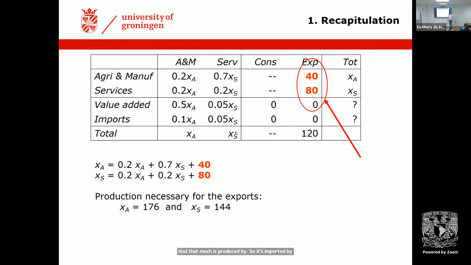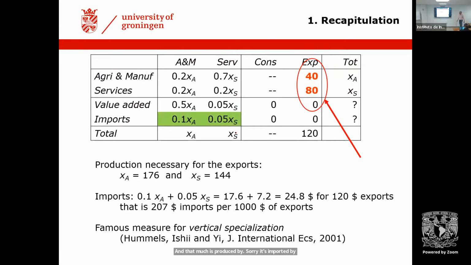That is 7.2. So the imports are $24.8 if this table is in dollars, or $120 of export. So if you translate that into per $1,000 of export, that is $207 per $1,000 of export.